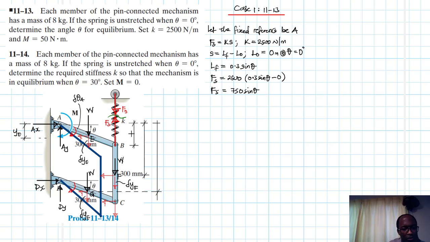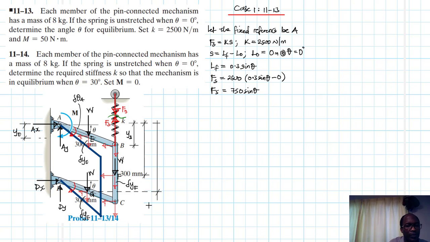Let's label this. So we have this one as yB. Of course, at B here we are also going to have a vector displacement in this direction, like so. We'll have also in that direction, like so.